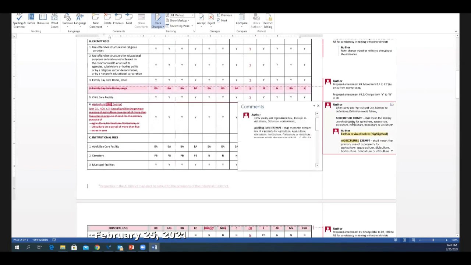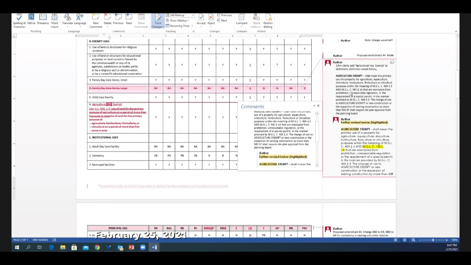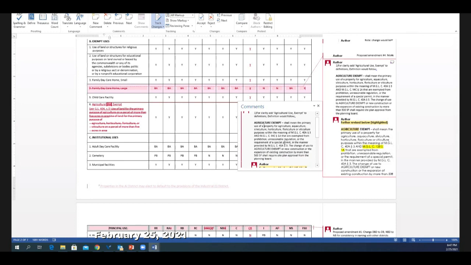And here's where we get to the definition of agriculture. In our last meeting, we looked at that whole definition of agriculture to say that this is agriculture. A farm enterprise is something that does agriculture, and a farm enterprise is something that can do agro-tourism, agro-commercial, and we listed all the other things that are not necessarily exempt agricultural activities.